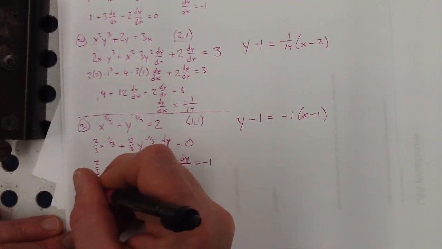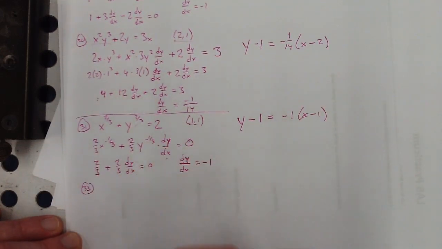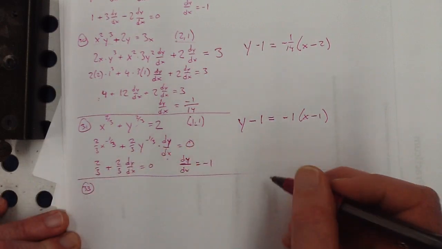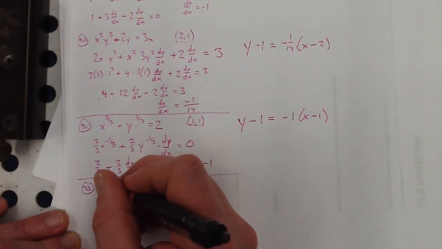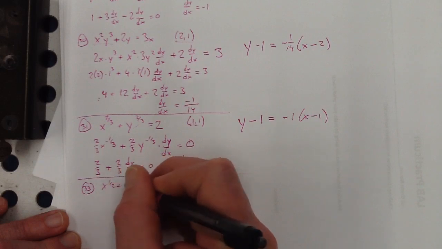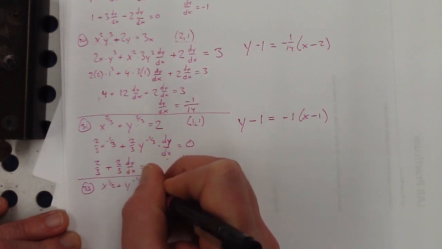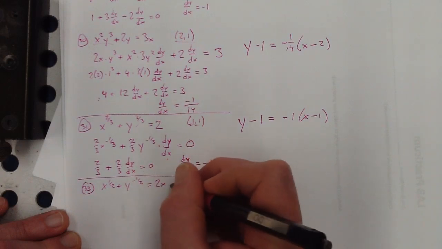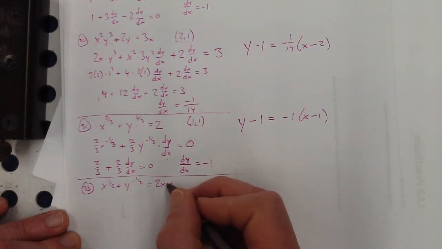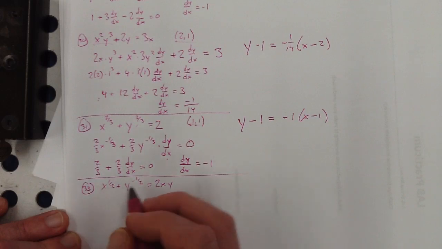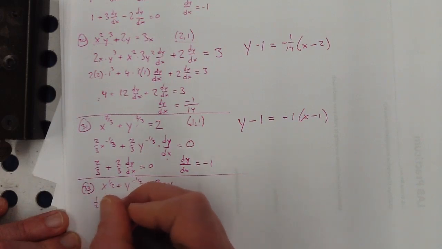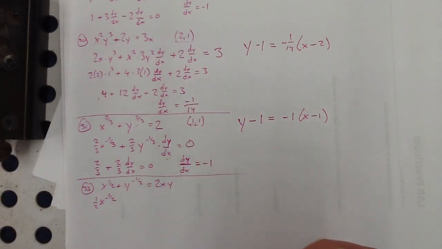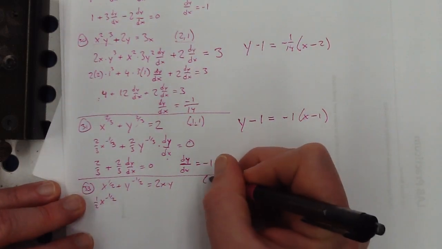And the last one, number 33. See if I can fit it in down here. x to the 1/2 plus y to the negative 1/2 is equal to 2xy. So product rule, alert. So here, derivative is 1/2 x to the negative 1/2. Oh, I forgot to write down the point where I'm doing it. This is also at 1, 1.